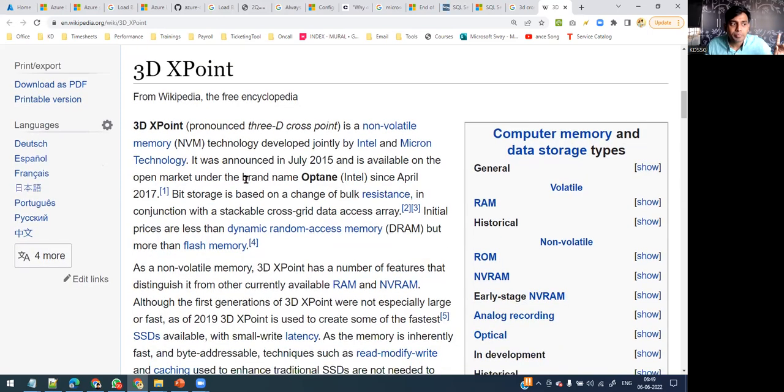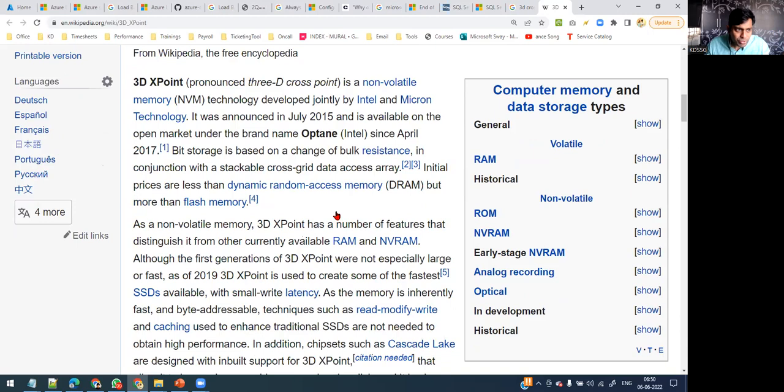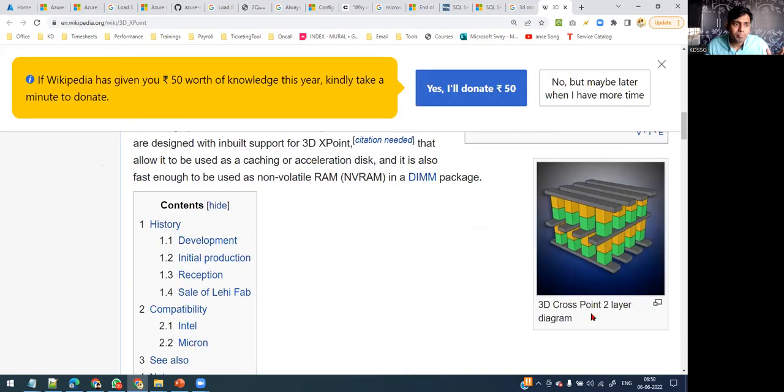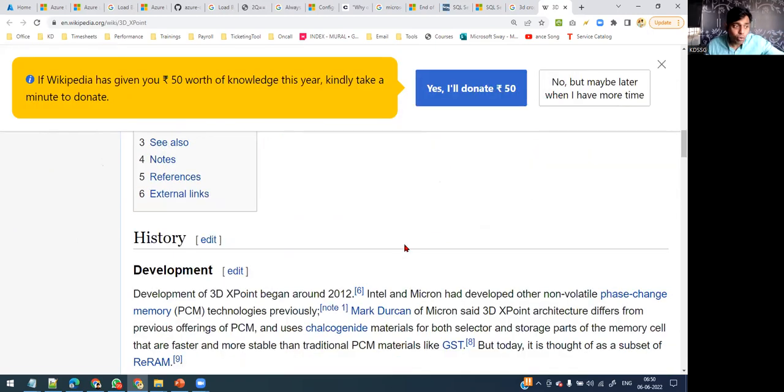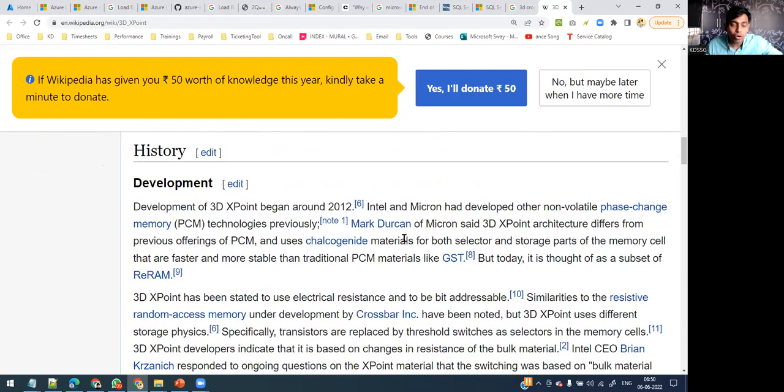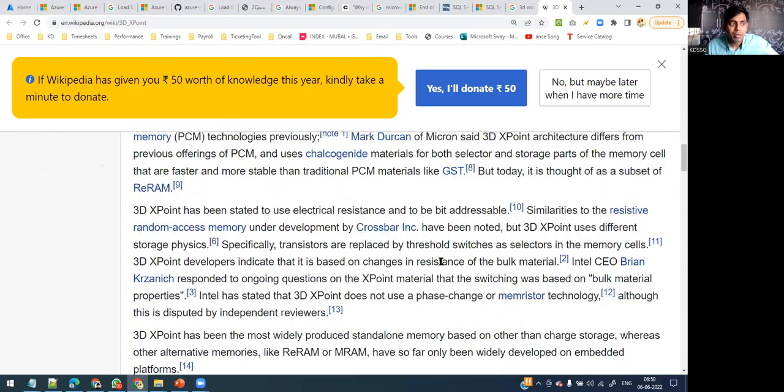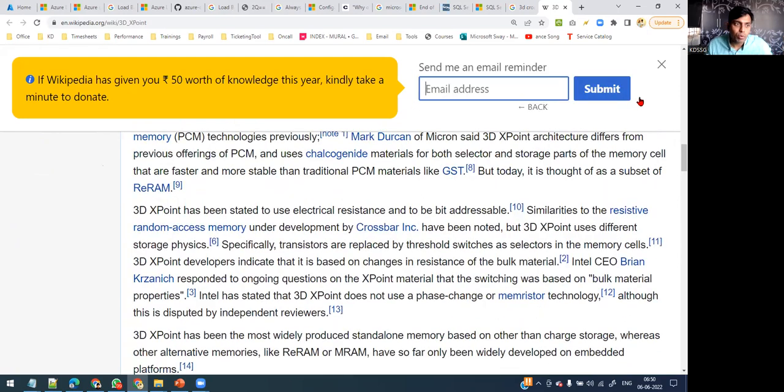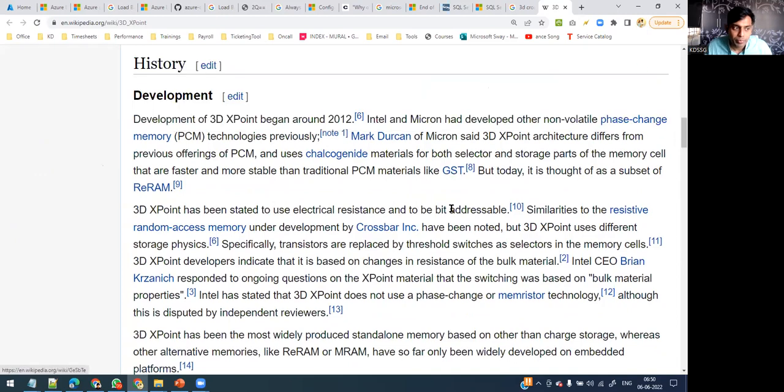They announced it in 2015, and Optane is the brand name they officially used in 2017. This is a different type of storage, which is claimed to be extremely fast. I don't know the reasons behind it or how the technology works; I may have to read about it, but because you asked this question, I just wanted you to know.